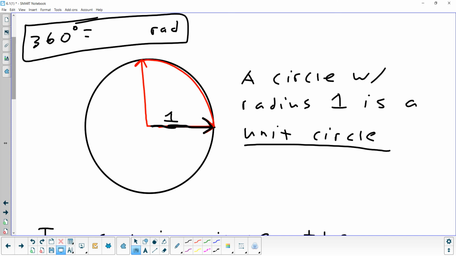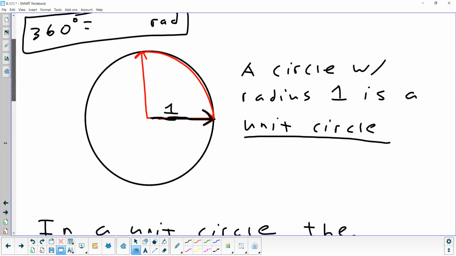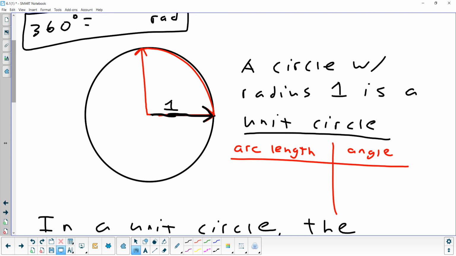And what would be the angle that corresponds with that? 90 degrees. 90. Okay, so just make a little chart: arc length, and then the angle that goes with it. So if we had an arc length that was a quarter of the circle, that would be a 90.